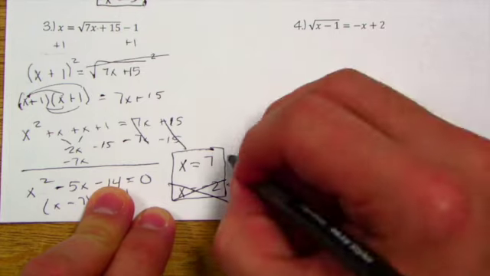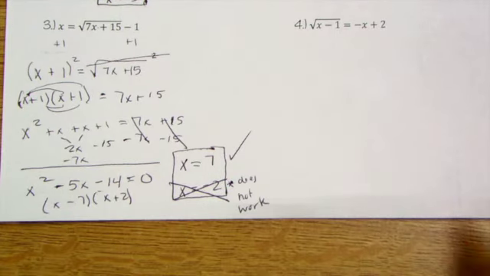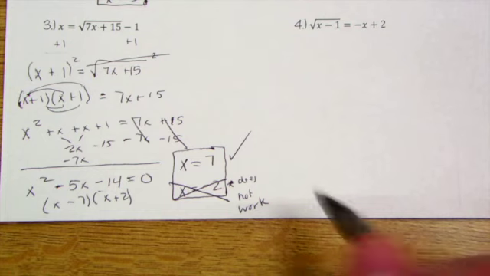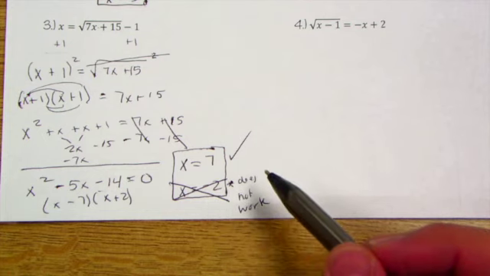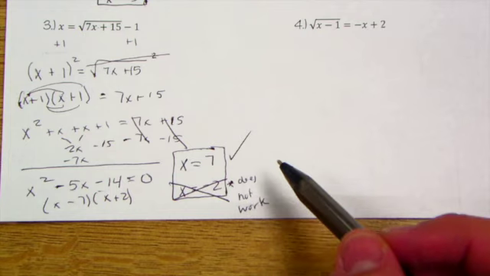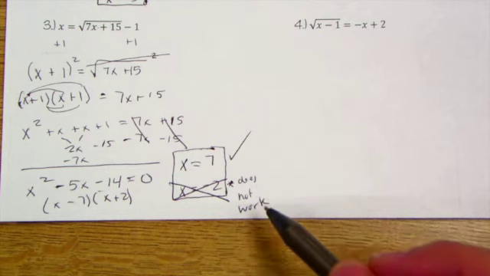Okay? So only 7 is the solution. Okay? Now we're going to try that one more time. Solve the radical, get your answers, put the equations into your graphing calculator to verify which solution is correct, if any. There are cases where there could be no solution as well.